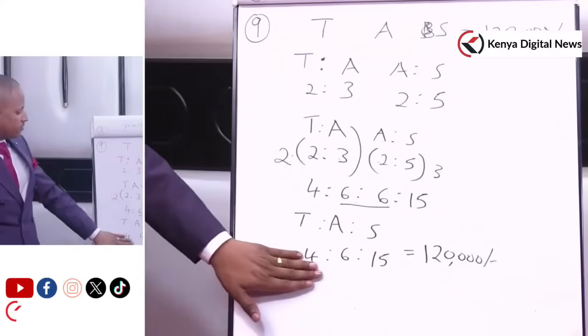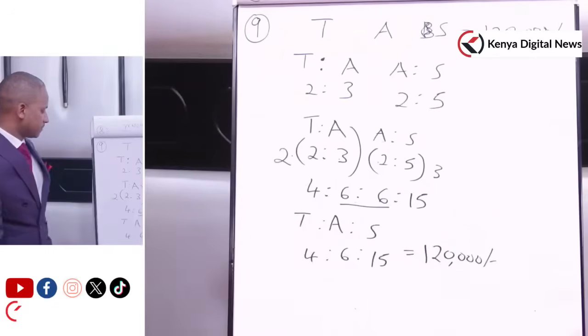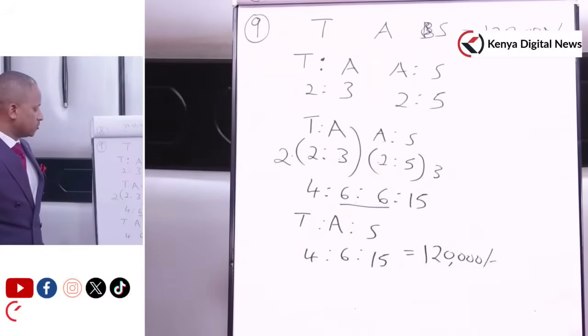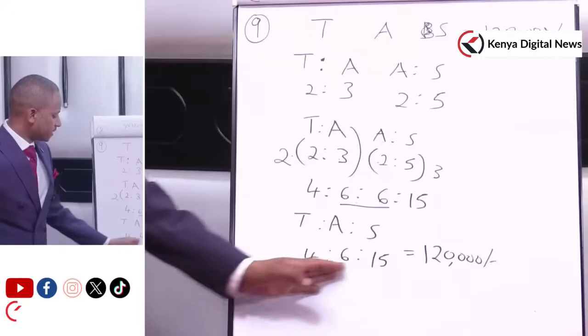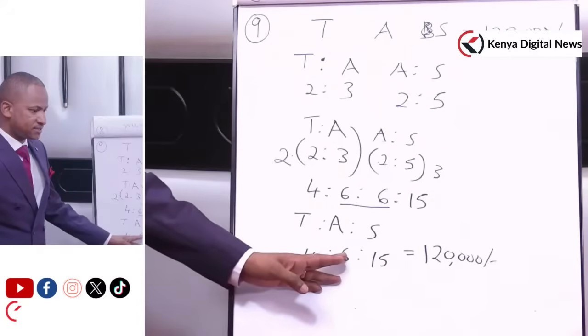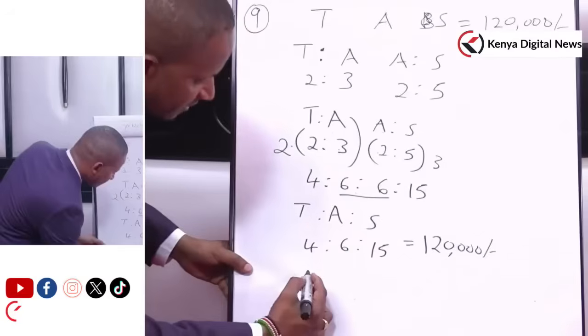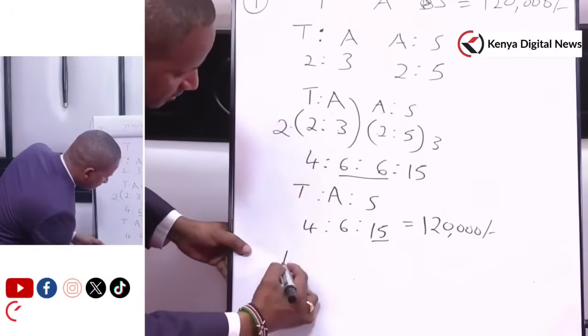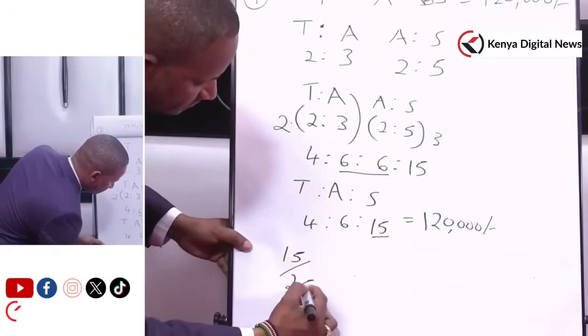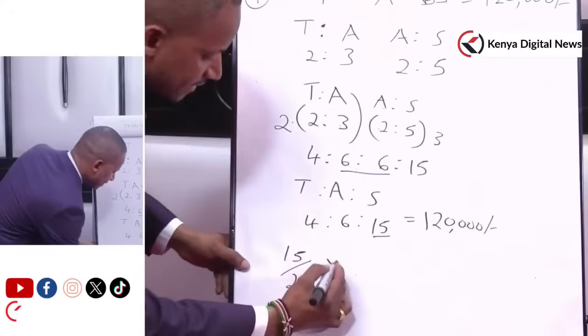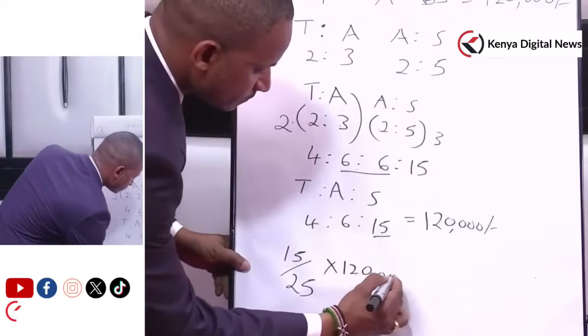So therefore, when you have this ratio and you have this amount, you just get the total ratio here, which is equal to 120,000. So the total ratio here is 4 plus 6 is 10, plus 15 is 25. So Sifuna contributed 15 over the total ratio, which is 25, times 120,000.